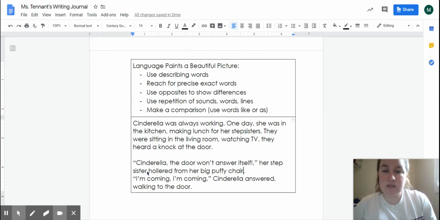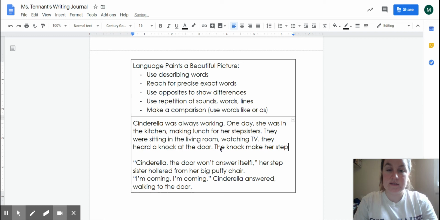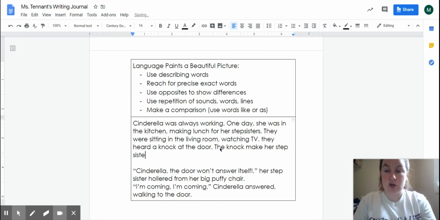So let's see if there's a spot where I could use an opposite. It says, one day she was in the kitchen making lunch for her stepsisters. They were sitting in the living room watching TV. They heard a knock at the door. The knock made her stepsisters jump as if they've never heard a knock before.